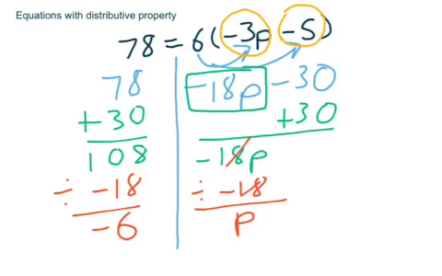Which is, interestingly enough, just the same as the solution to our other problem. Now, I could have also divided by the 6 instead of multiplying the negative 3p minus 5 all the way through, because the 78 is divisible by 6, and so I'll show you that real quick.